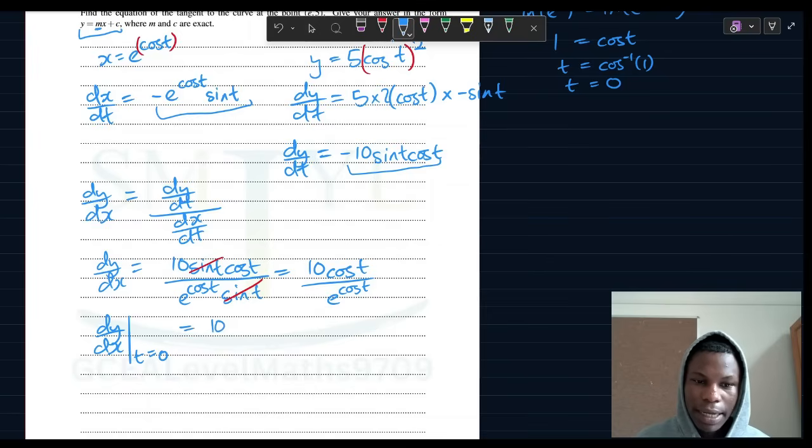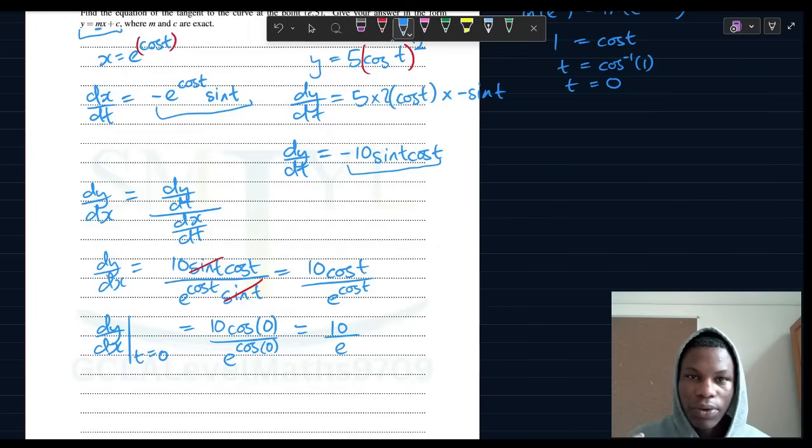That becomes 10 cosine of 0 divided by e to the power of cosine of 0. Remember, cos 0 is 1. So this becomes 10 over e to the 1, 10 over e. That's our gradient at this point, right?